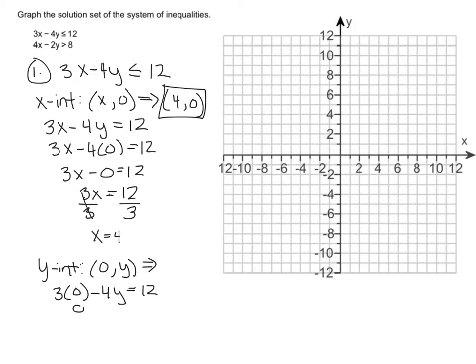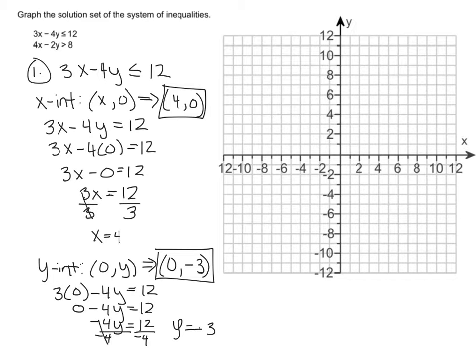This gives me 0 minus 4y equals 12, which is a negative 4y equals 12. And I'll divide both sides by negative 4. And I get y equals a negative 3. So my y-intercept is 0, negative 3.